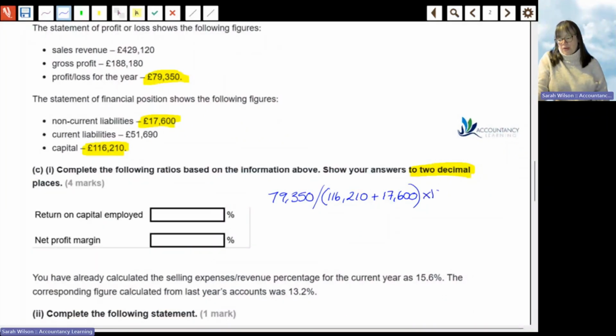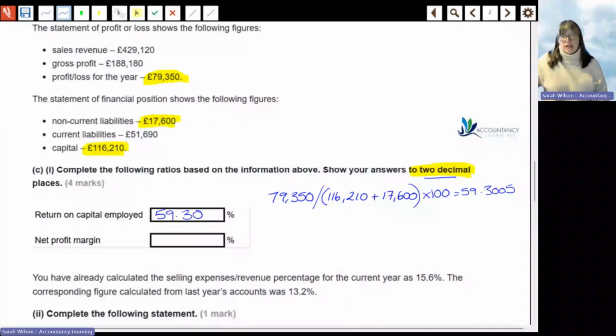And then because we are working to a percentage, we multiply it by 100 and we get 59.3005. We want it to 2 decimal places. So our answer will be 59.30.